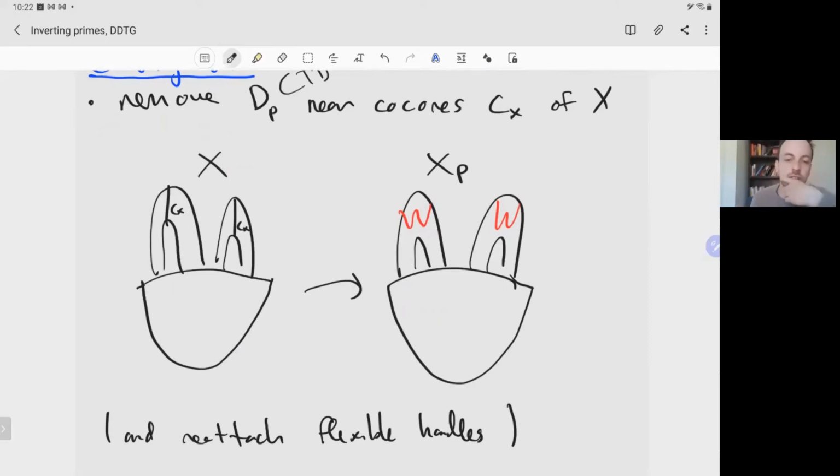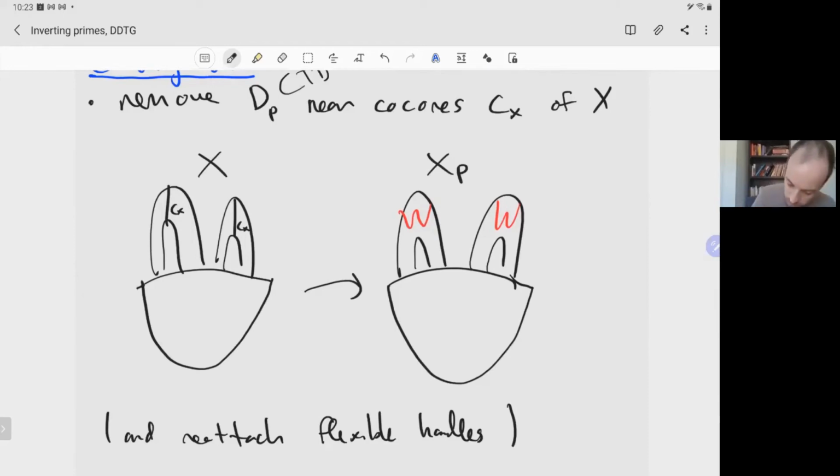But now I can attach some handles along loose Legendrians to preserve the topology. To summarize, I start with a presentation. Near each of the co-cores, I add these modified disks. I remove those modified disks, and then I reattach some flexible handles, which don't really do anything.